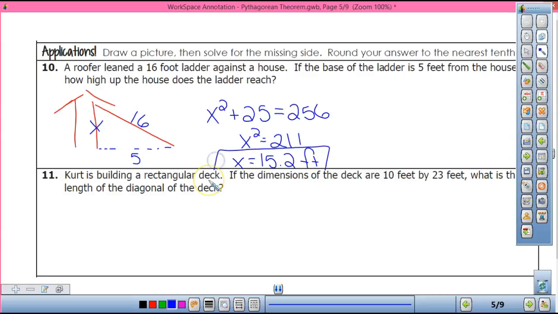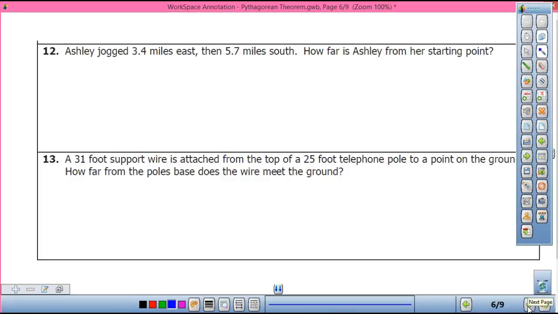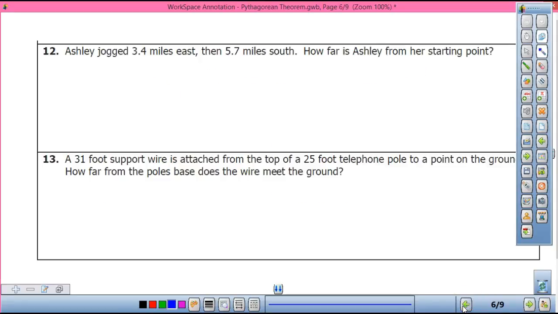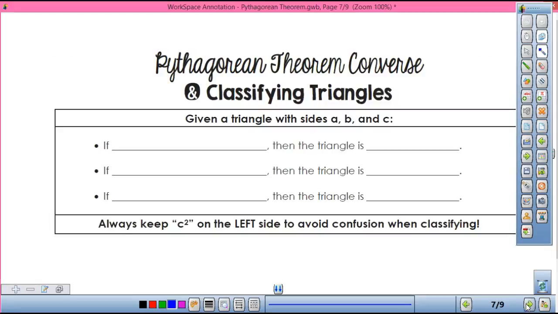Remember, if you have application problems, make sure that you label your answer. Oh, there's one like it on here. All right, that's okay. You guys get how to do these? Yes? All right. This is the part that's new.